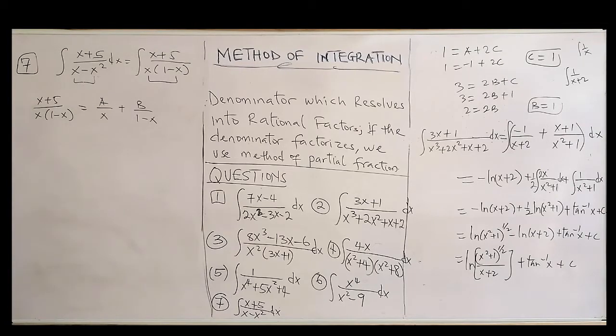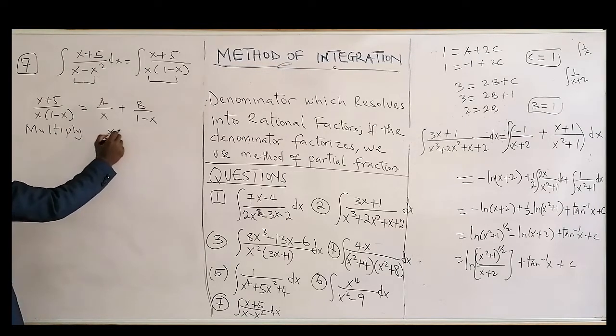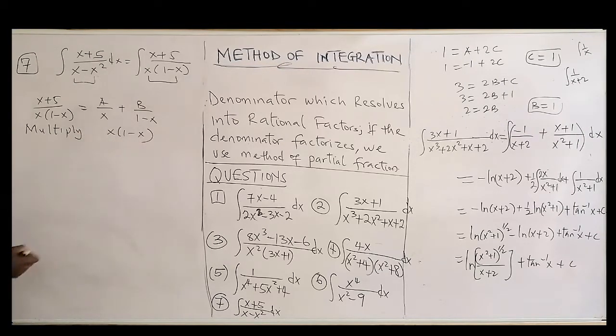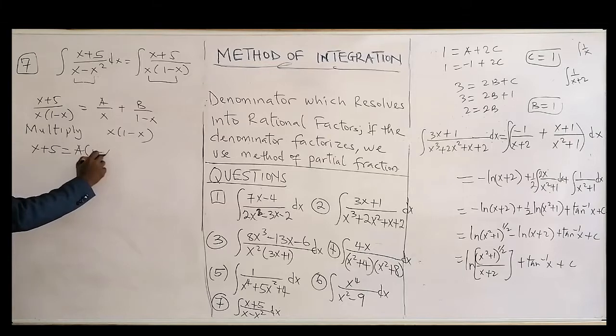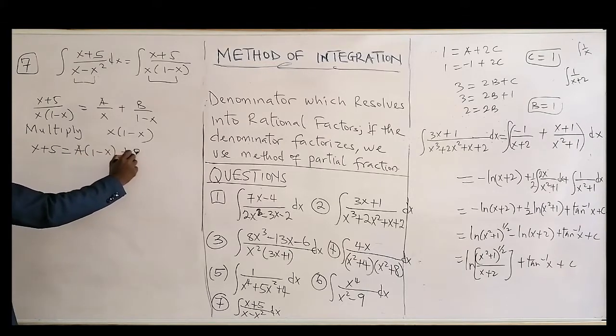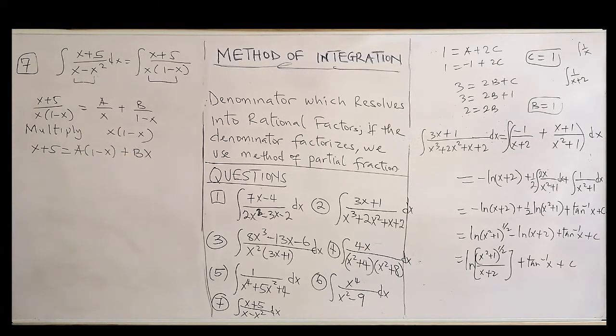Then multiply through by the common factor, x into bracket 1 minus x. So that will be x plus 5 equal to a into bracket 1 minus x, and then plus bx. So let x be equal to 1.